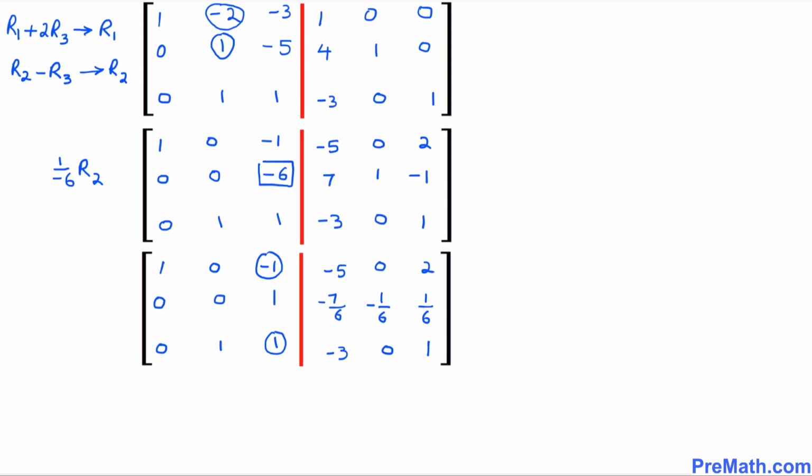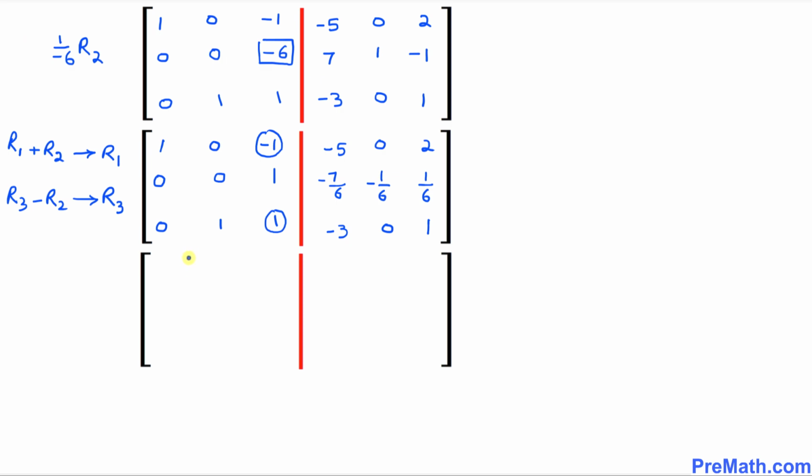I am going to say row 1 plus row 2, and we are going to put down the answer in row 1, and likewise row 3, R3 minus R2, row 2, and the answer is going to go in row 3. So we are going to have this now.